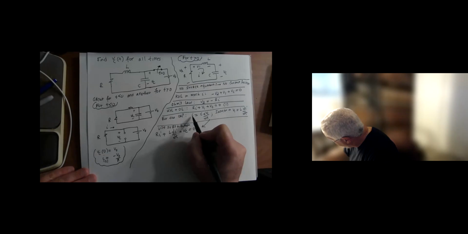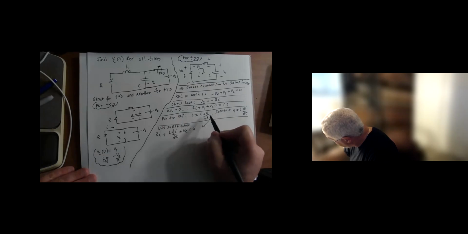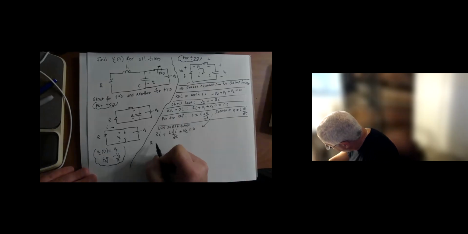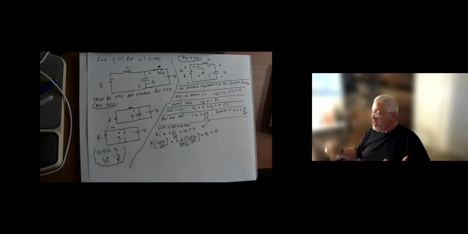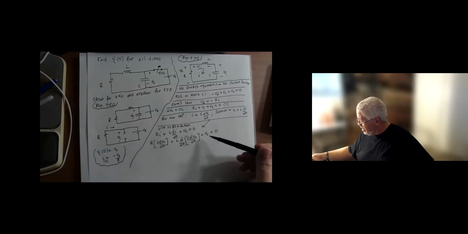Then I'm going to use the capacitor equation. Wherever I have I, I'm going to put C dVc/dt. So what do I have here? R times C dVc/dt plus L d/dt times C dVc/dt plus Vc equals 0. You can see the differential equation coming right there.